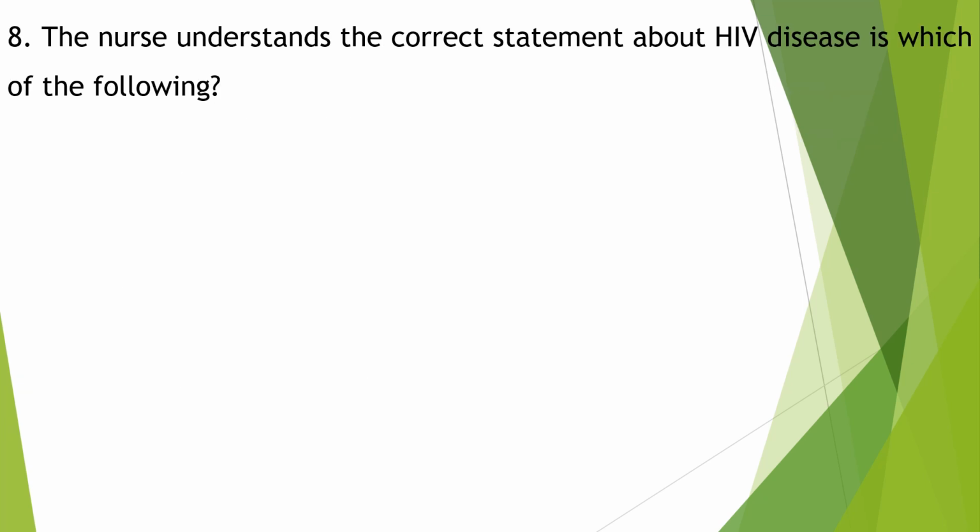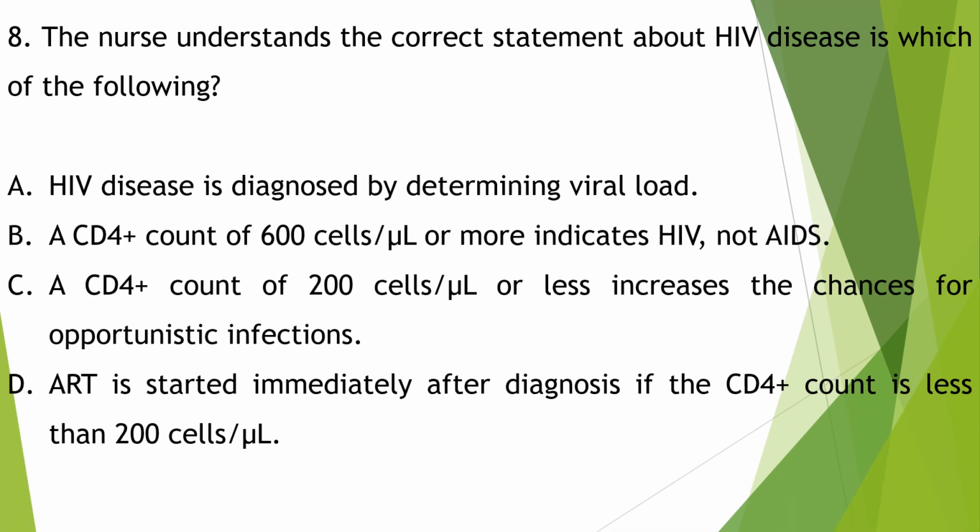The nurse understands the correct statement about HIV diseases which of the following. HIV disease is diagnosed by determining the viral load. A CD4 plus count of 600 cells per microliter or more indicates HIV, not AIDS. A CD4 plus count of 200 cells per microliter or less increases the chance for opportunistic infections.